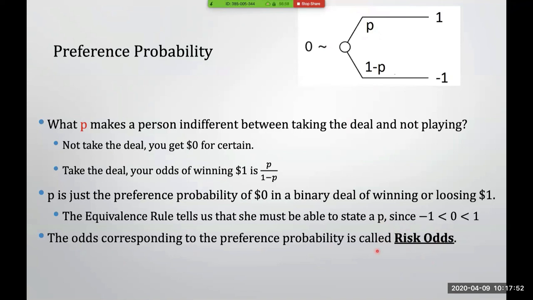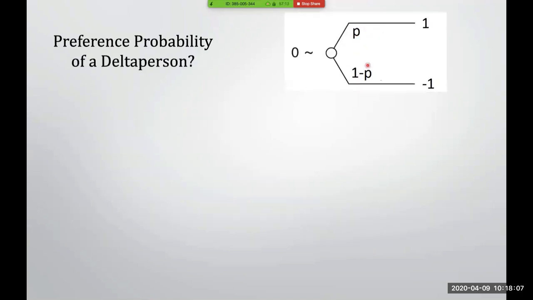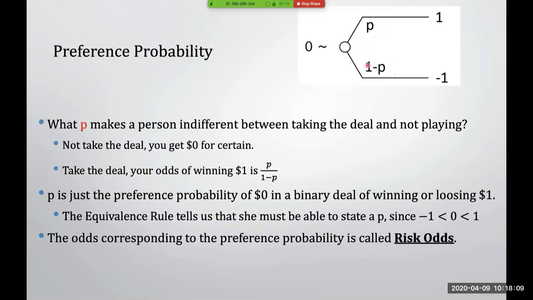So what we're interested in now is what are the risk odds, or what are the preference probabilities in a binary deal like this for a Deltaperson. So let's start with looking at what is the preference probability for a Deltaperson in a binary deal between winning and losing $1.